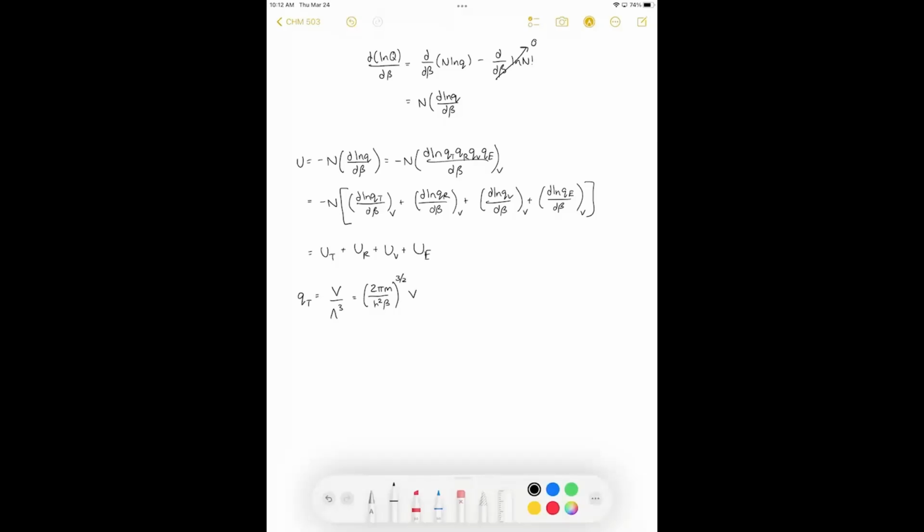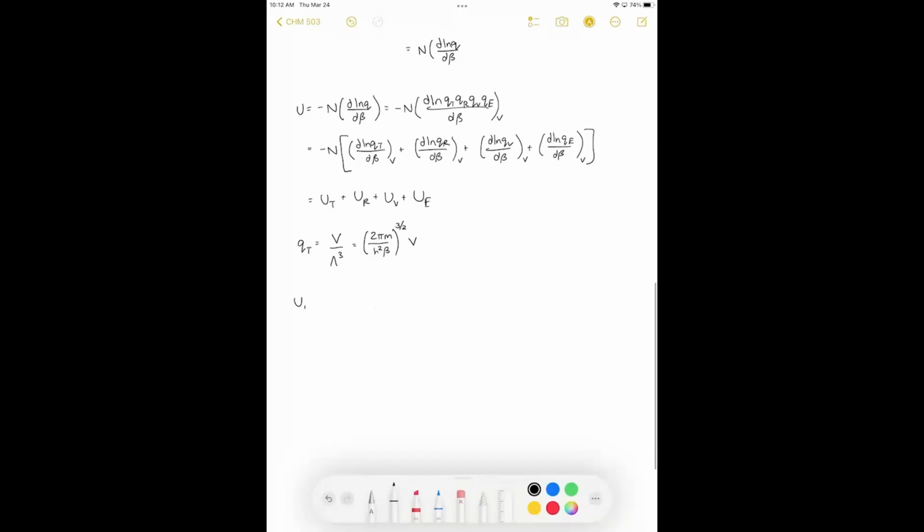It can look kind of nasty, but remember what we're actually doing, and it's much easier: to take the derivative of the natural log of this with respect to beta. So our internal energy for translation is equal to negative N times the derivative of the natural log of the partition function with respect to beta.